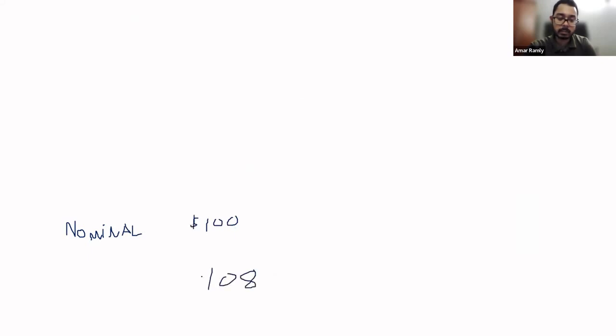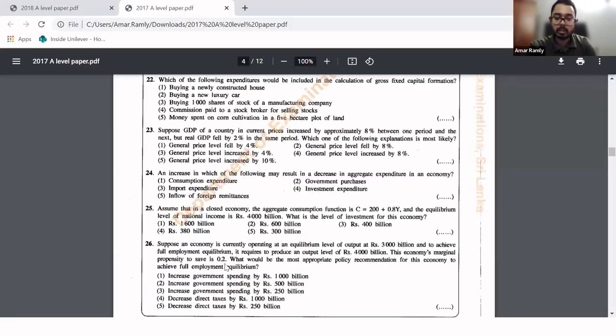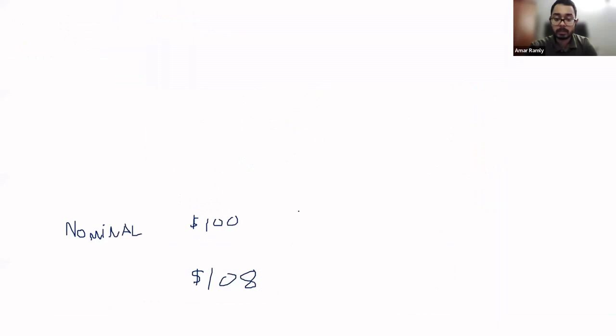Real GDP, on the other hand, has come down maybe from something like 50 to 49 in terms of quantities. These are prices, right? Remember guys, quantity into price will give you the value.